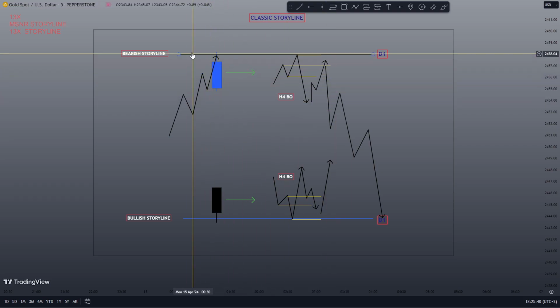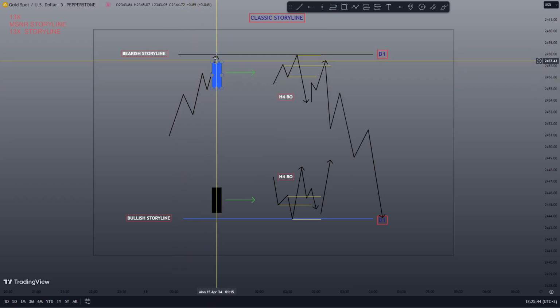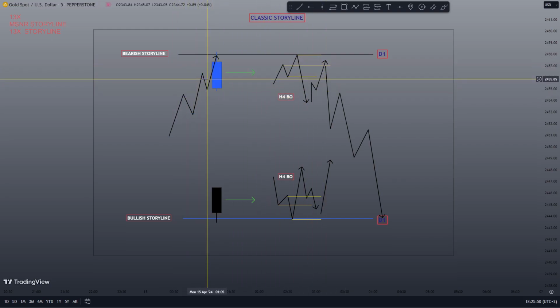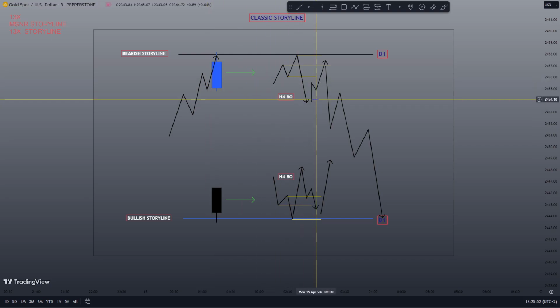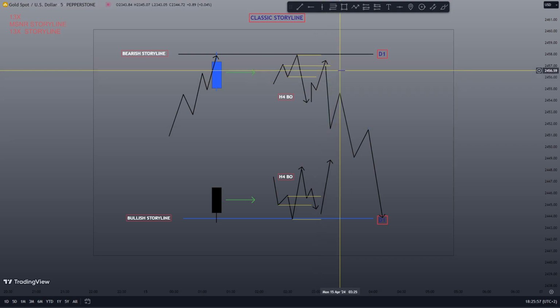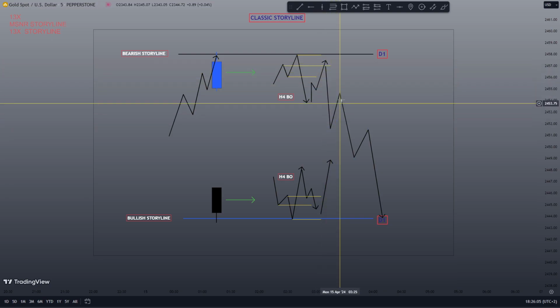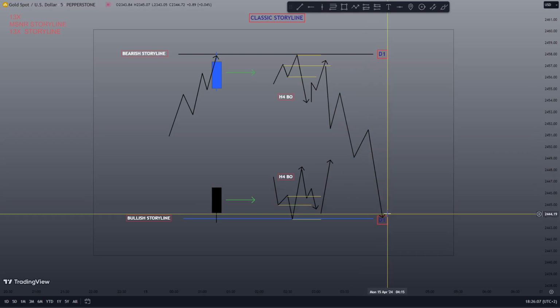So when we see our daily fresh level touched, a daily rejection, and an H4 breakout, all those things have already happened. We wait for price to react from one of our setups with confirmation. After this, we can say that a bearish storyline has started and we will go with this daily storyline.